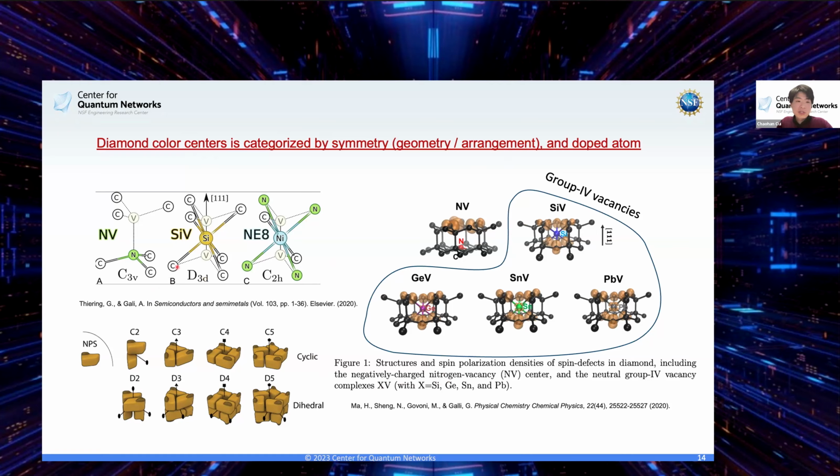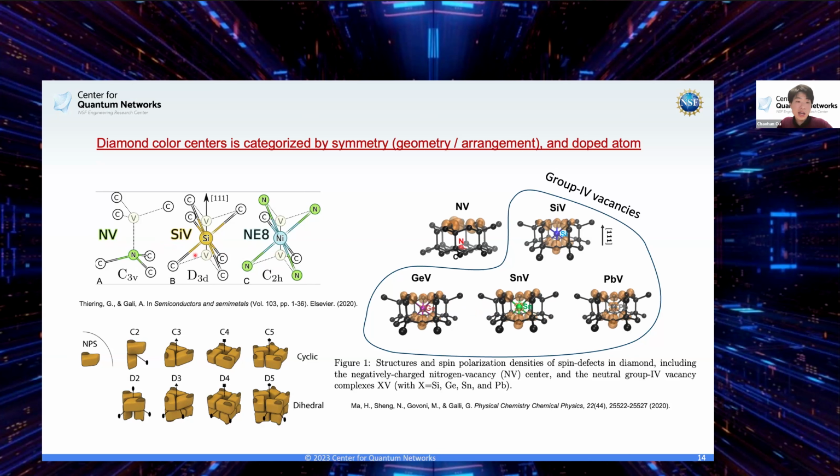Or if you have a different symmetry, you will also create a different electron cloud around the color center. Here I'm showing that the nitrogen vacancy center is quite distinct from the group 4 vacancy centers, which are silicon vacancy, tin vacancy, germanium vacancy, and lead vacancy.